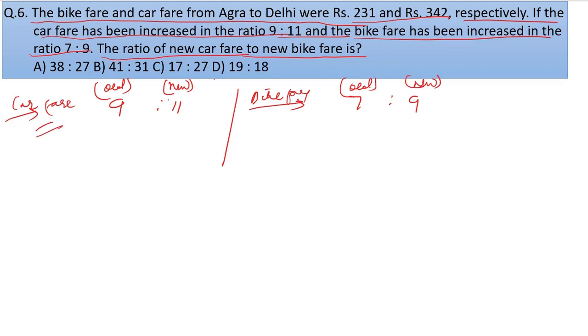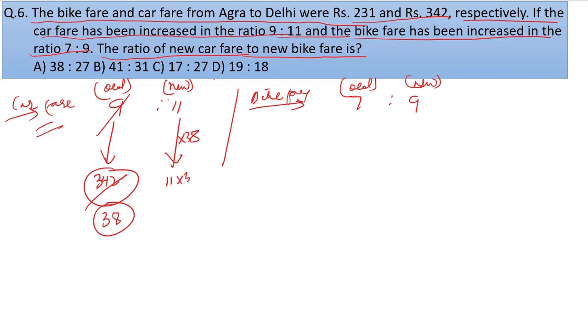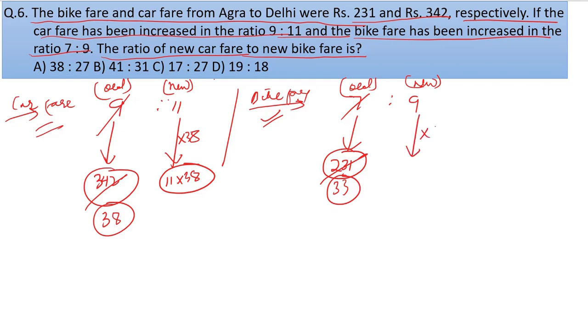On the car side, the original price is rupees 342. 342 is 9 times 38, and then the new price will be 11 into 38. In the bike fare also, the old price was rupees 231 according to the question, that is 7 times 33, and then the new price will be multiplied here by 33, that is 9 times 33.